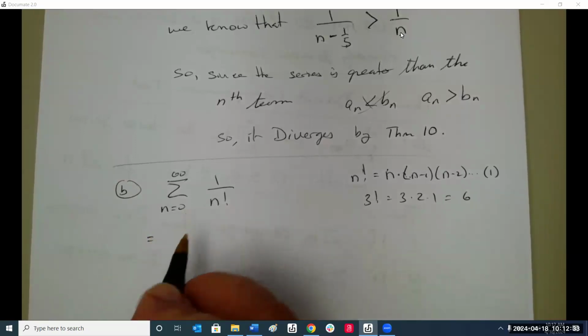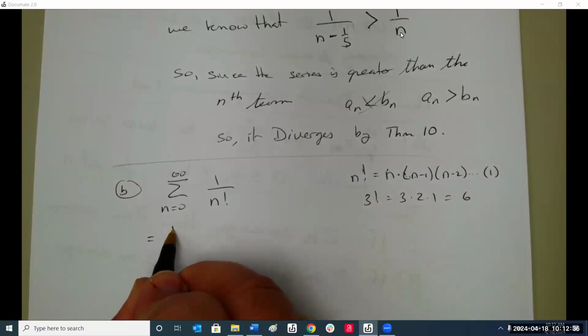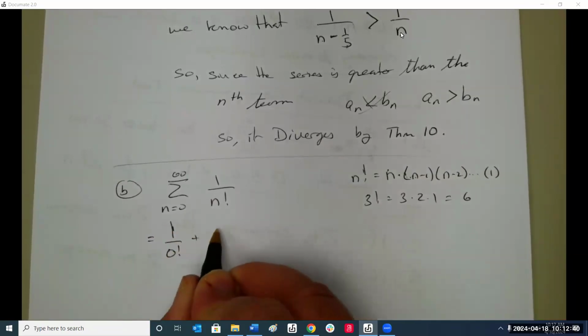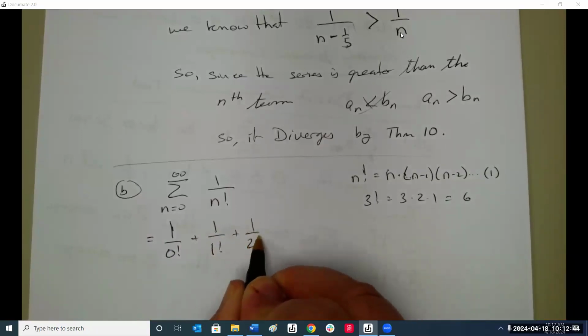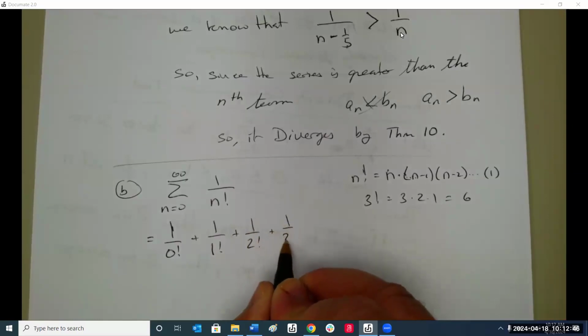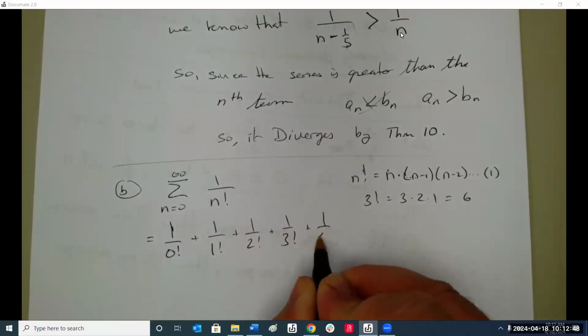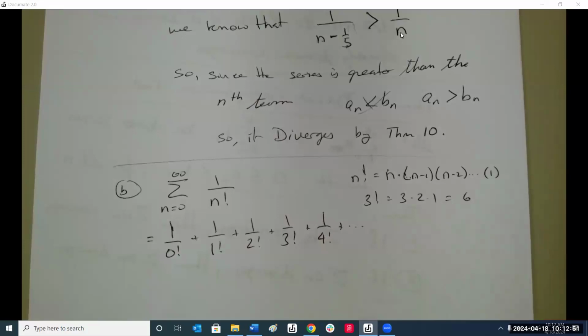So what this gives us is 1 over 0 factorial plus 1 over 1 factorial, 1 over 2 factorial, 1 over 3 factorial, and so on and so forth.